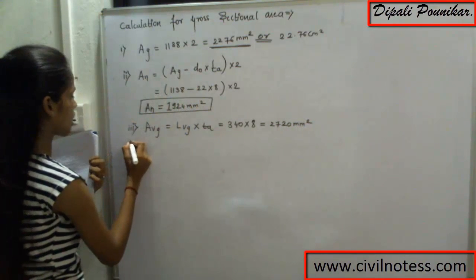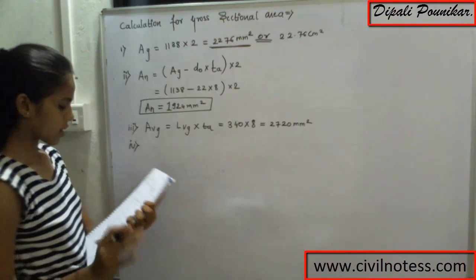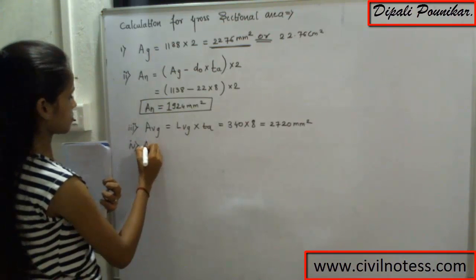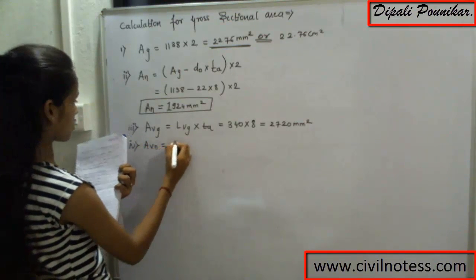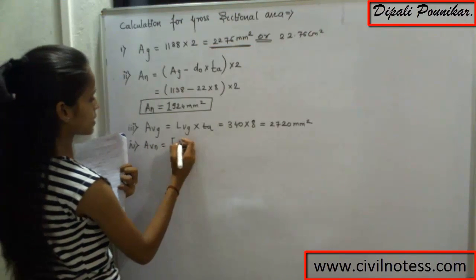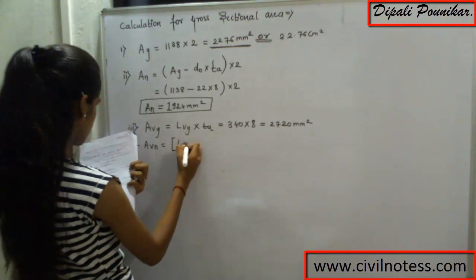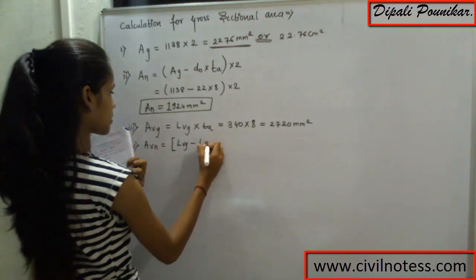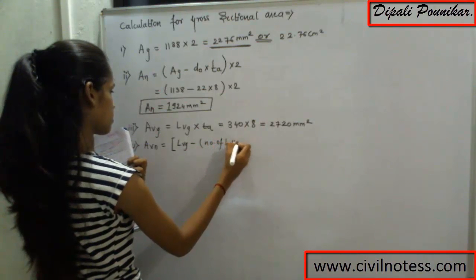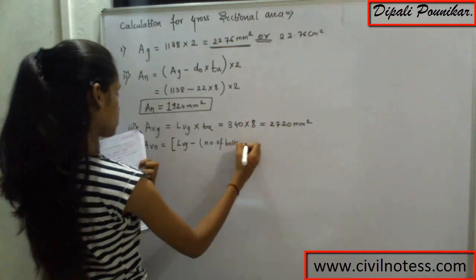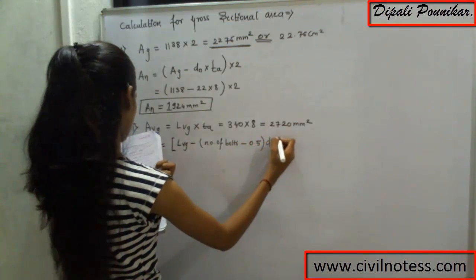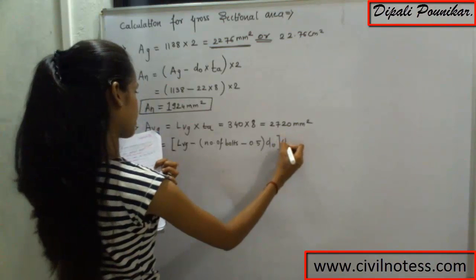After that, we have to calculate the ABM. The formula for ABM is LBG minus number of bolts minus 0.5 into D0 into TA.